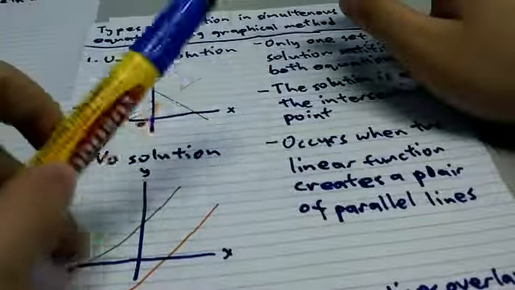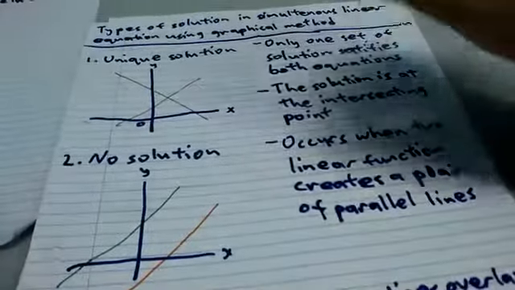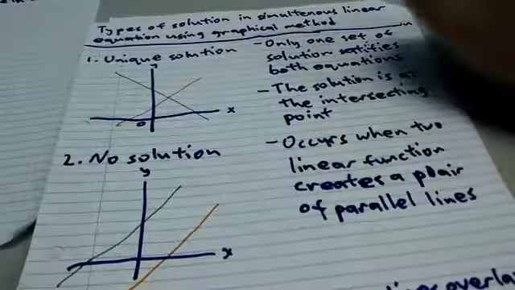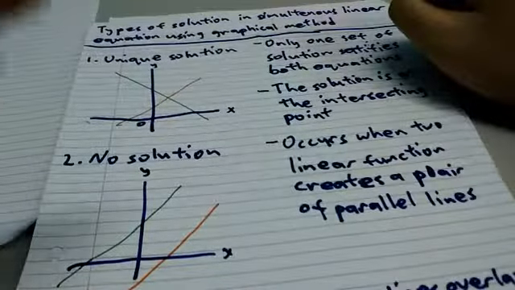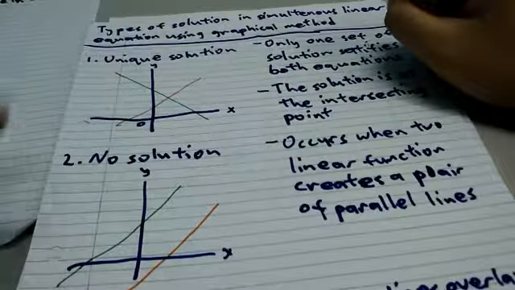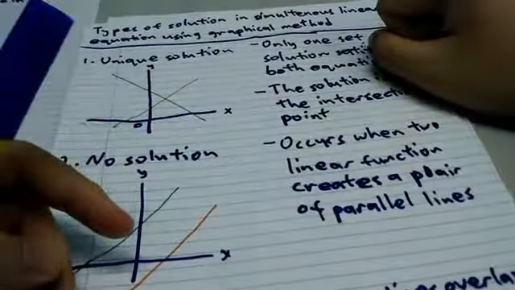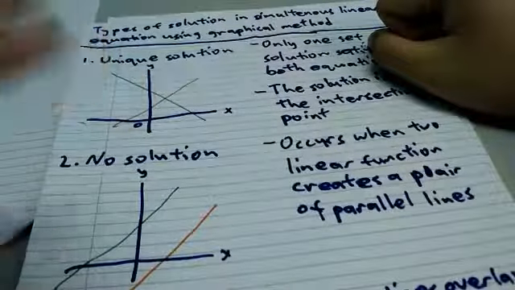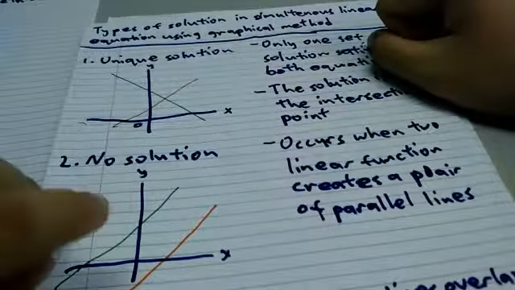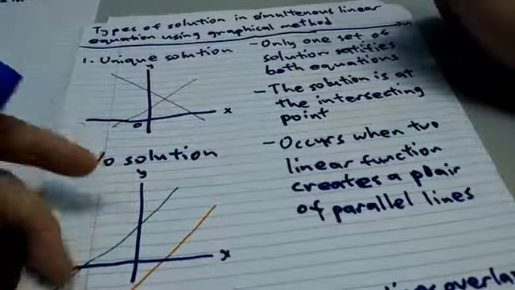So if two lines are parallel in the graph, these two linear equations cannot get any solution as they don't intersect.